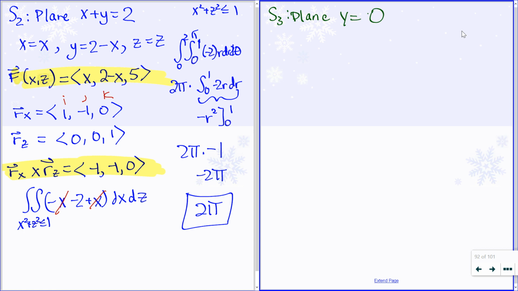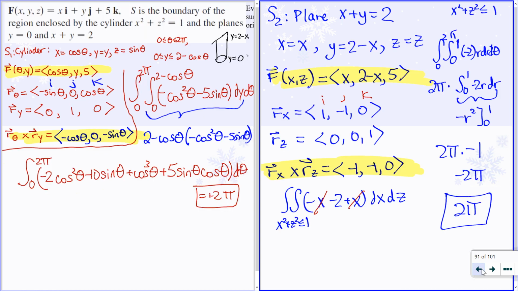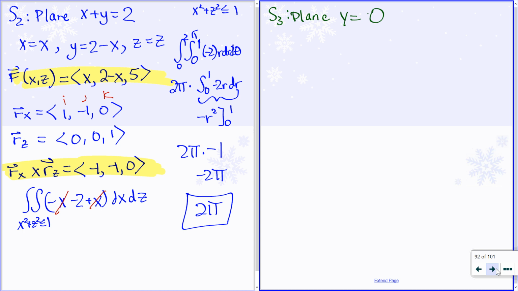If we go back, recall that we're doing the plane on the bottom. y equals 0, and the boundaries are x squared plus z squared less than or equal to 1, and that fills in the surface for that plane.